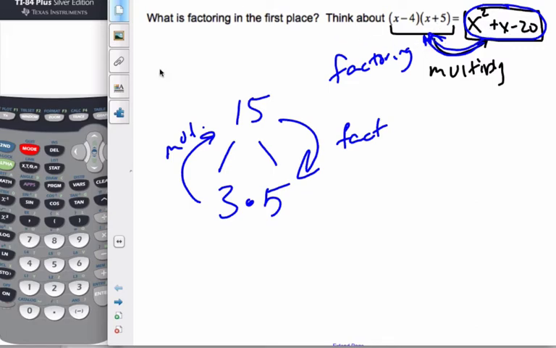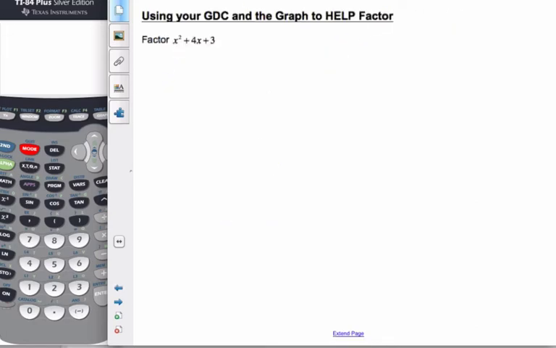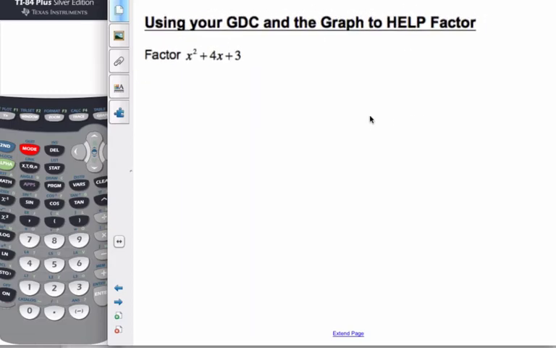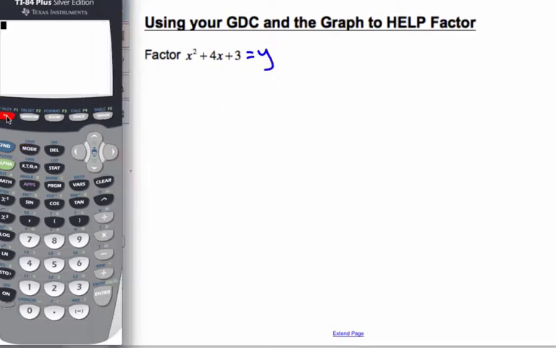Let's look at what we have here. In this problem, we want to use our GDC to help us factor. I'm going to pretend that this is equal to y, go to my calculator, go y equals, plug it into my equation, and graph it.